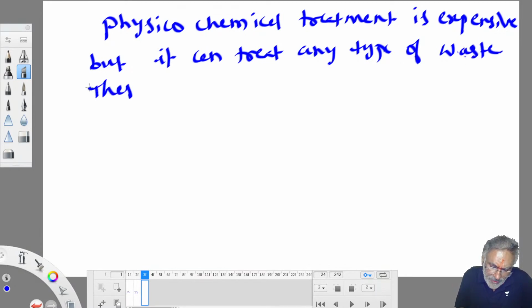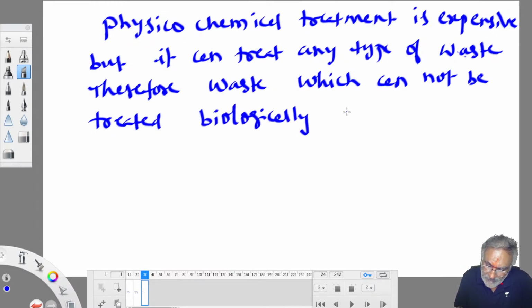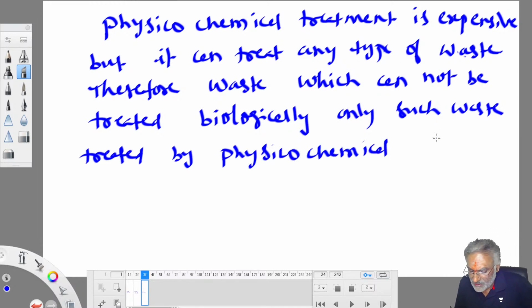Therefore, waste which cannot be treated biologically, only such waste is treated by physicochemical treatment methods. That is, BOD by COD value less than 0.6, then we employ physicochemical treatment.